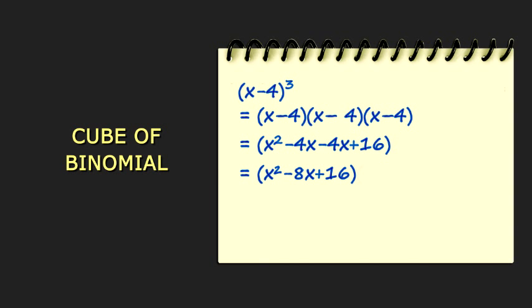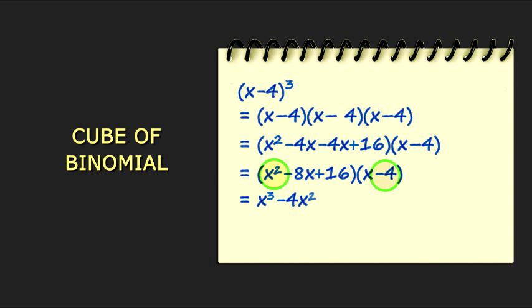Then, we still have to bring down this another x minus 4. Now, we need to distribute it to get the answer. So, the way we do that is we're going to take each term in this trinomial and multiply each term in this binomial. So, we have to take x squared times x is equal to x cubed. And x squared times negative 4 is equal to negative 4x squared.